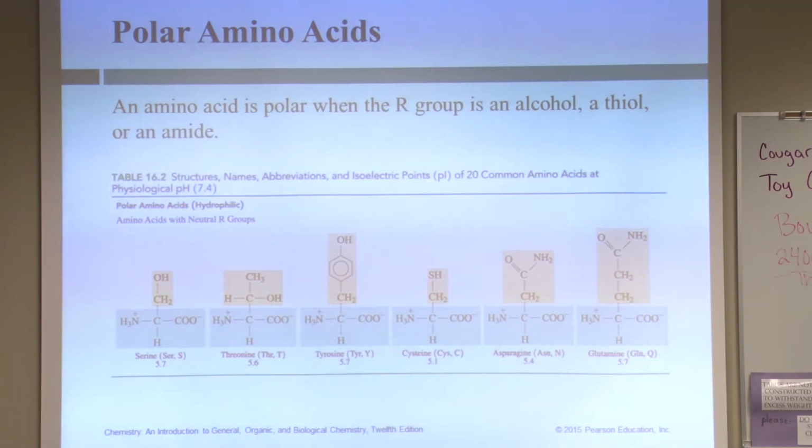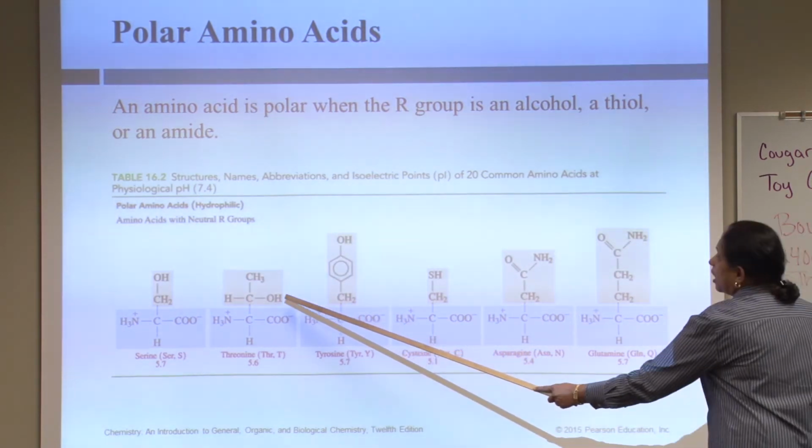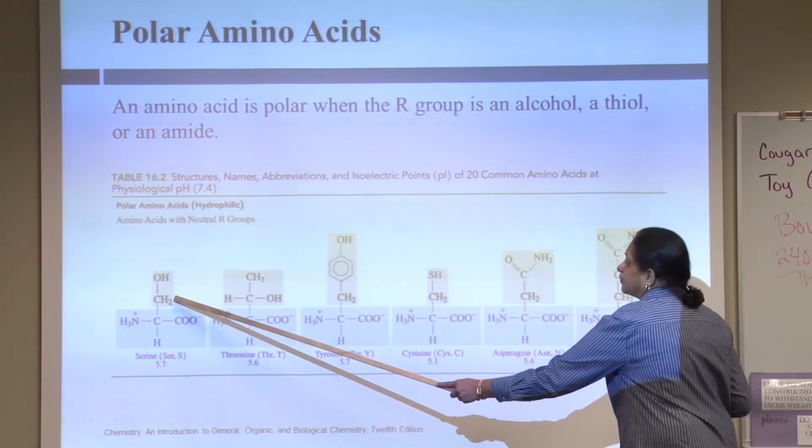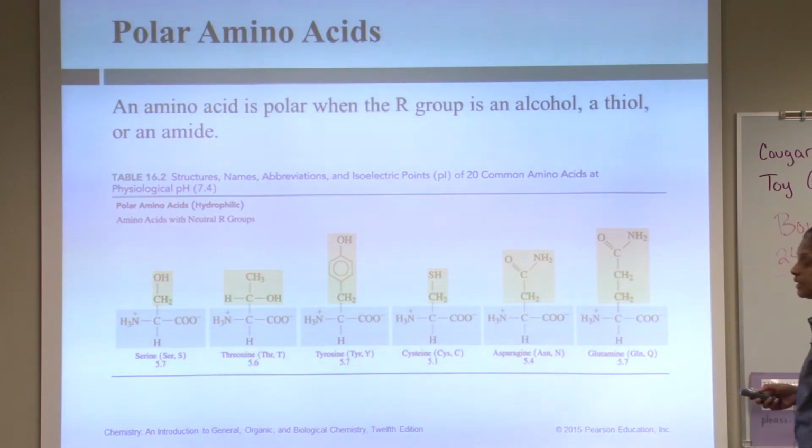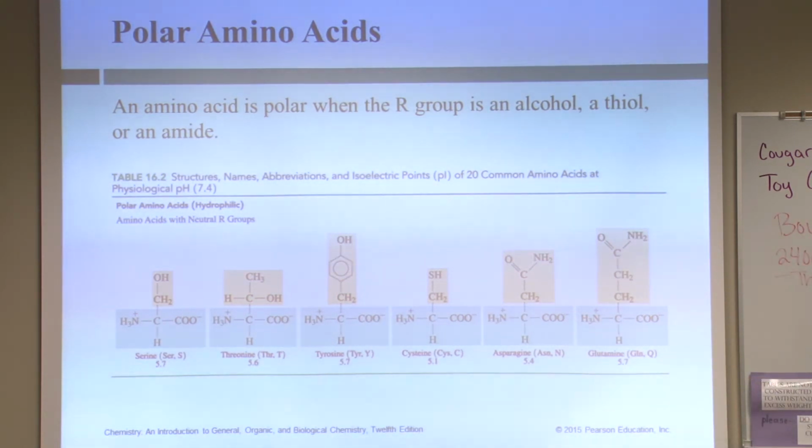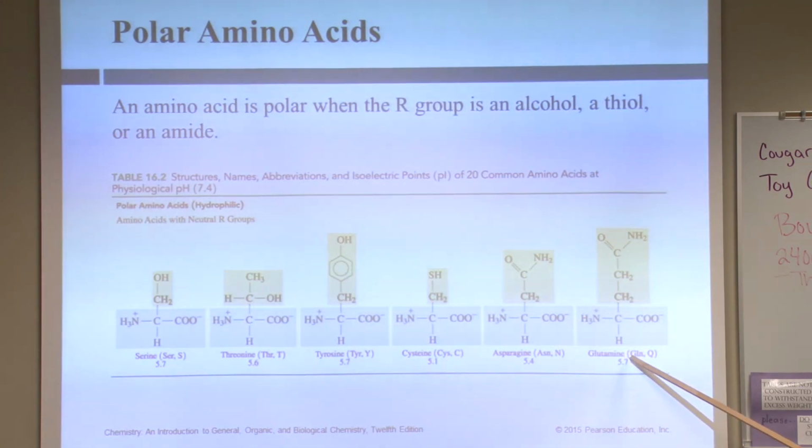So when you have these groups in the R group of the amino acid, you are looking at polar amino acids. So these are the names: serine, tyrosine, cysteine, glutamine. You are seeing the name, the 3-letter abbreviation, the 1-letter abbreviation.